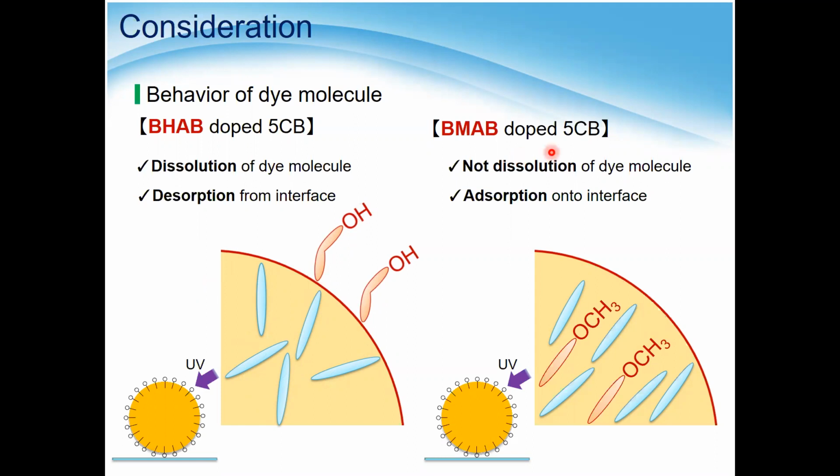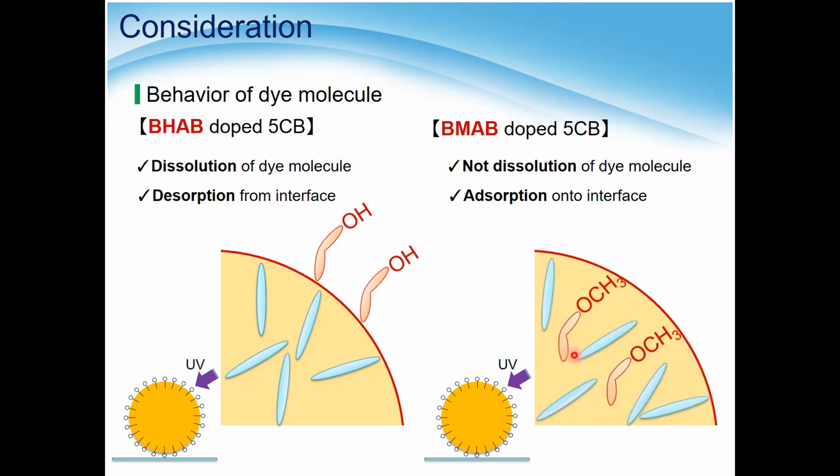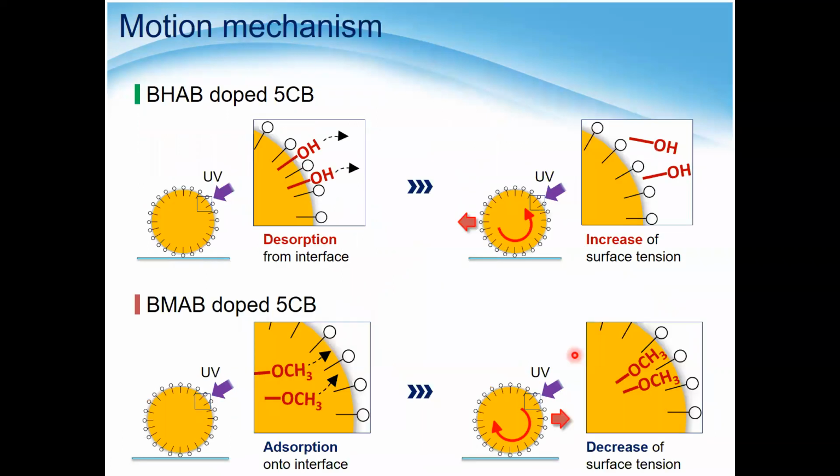On the other hand, in the case of BMAB, the methyl group is hydrophobic, so these azo molecules tend to stay inside, but somehow after UV irradiation, probably due to a polarity change of the molecules, they could adsorb at the interface and decrease the surface tension.